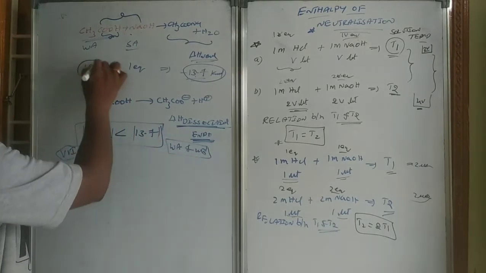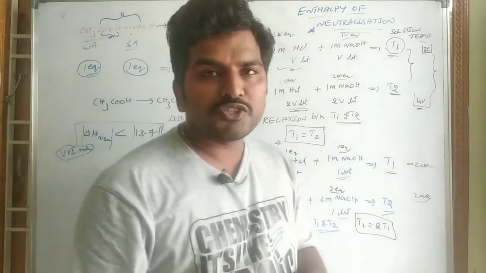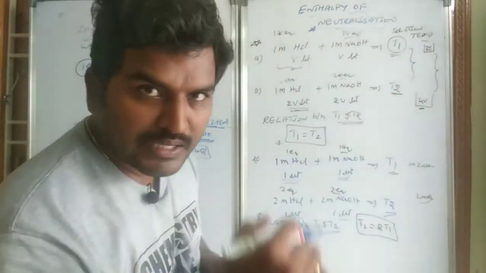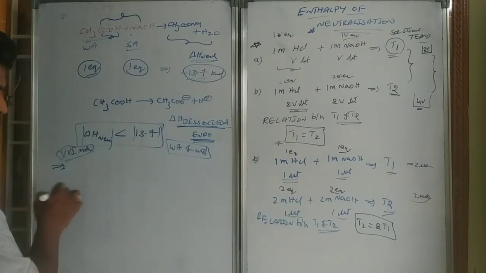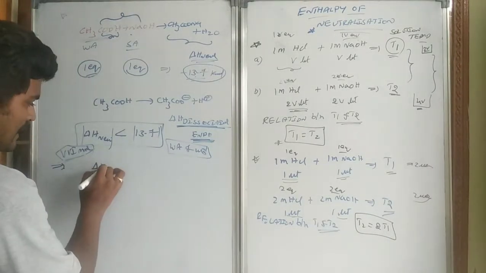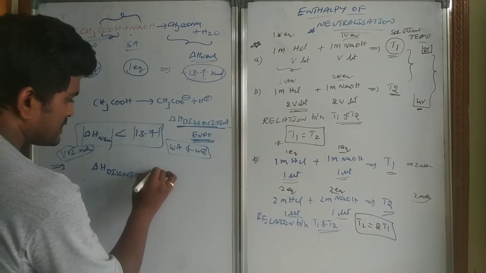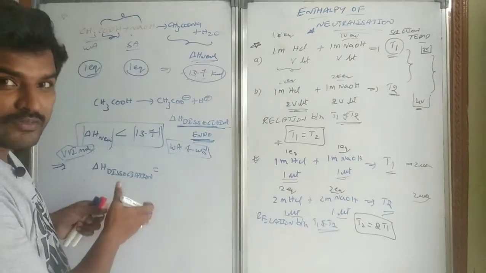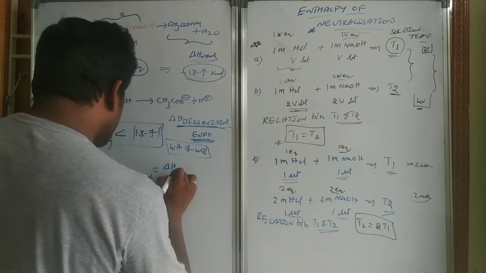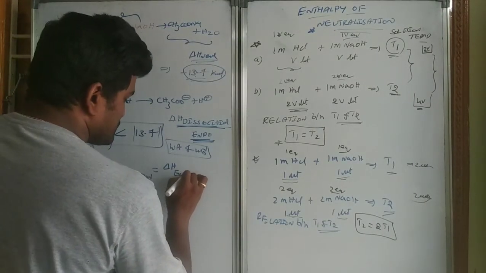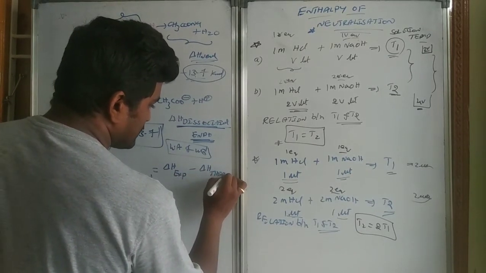So when you react one equivalent of acetic acid with one equivalent of NaOH, the heat liberated will be less than 13.7. So here you can take enthalpy of dissociation is equal to enthalpy experimental minus enthalpy theoretical.